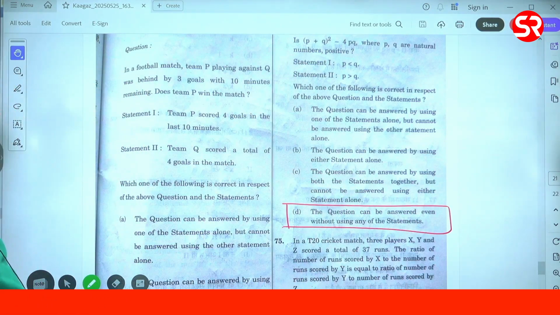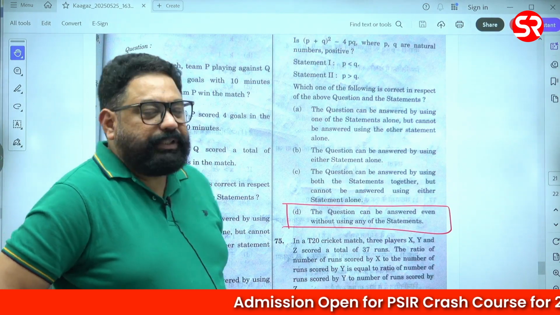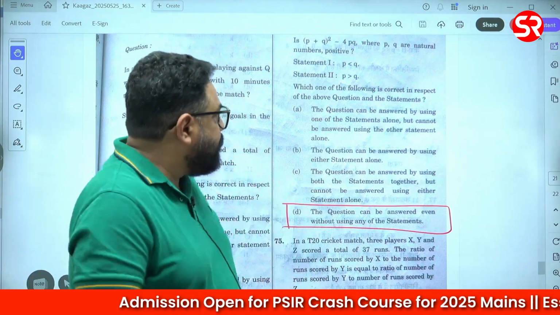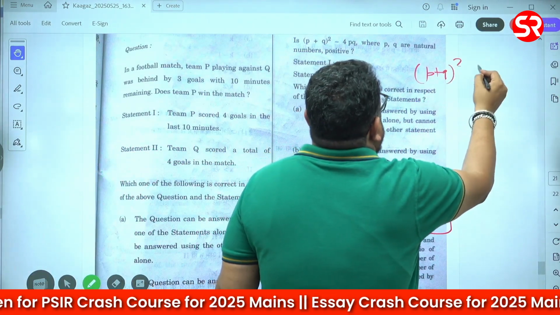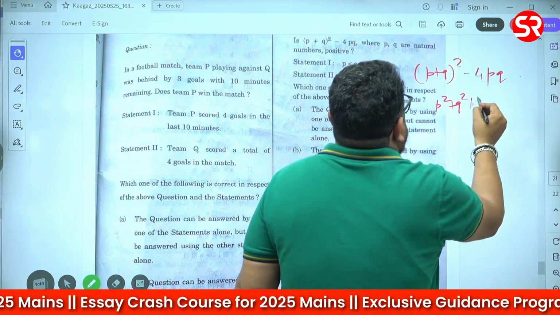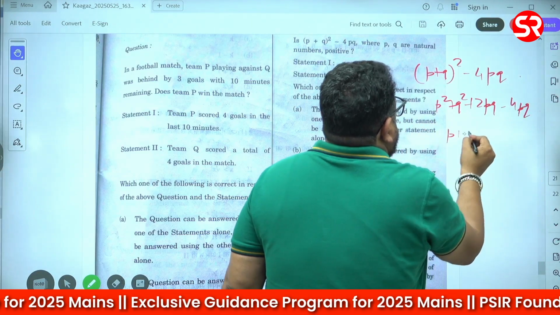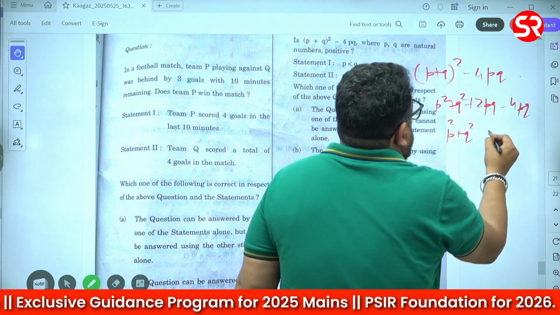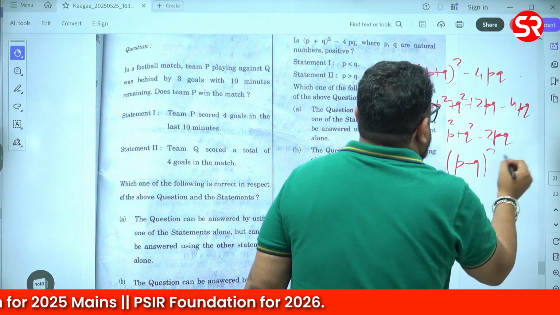Now he says, is (p plus q) whole square, where p and q are positive, is it positive? So खुद देखना यार, (p plus q) whole square minus 4pq equals p square plus q square minus 2pq, which is equal to (p minus q) whole square.